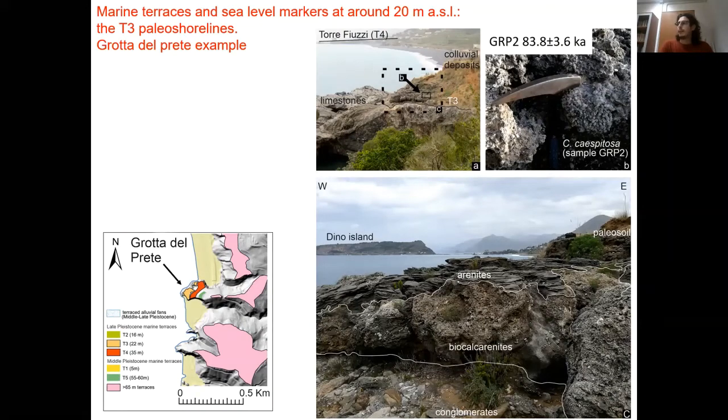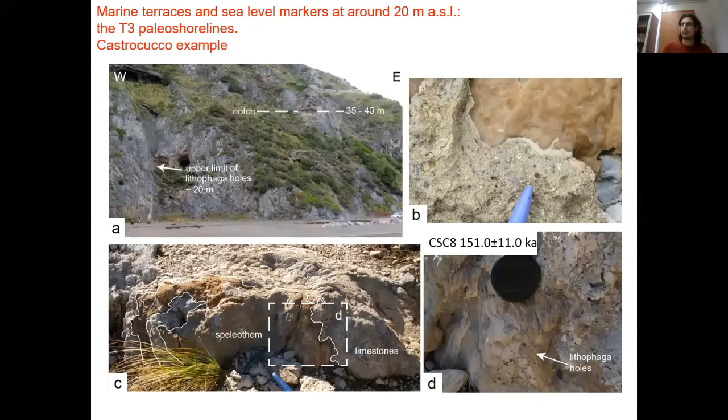Also here we have a wave cut platform covered by biocalcarenite with corals, dated also in this case. Then along the cliff of the Castrocucco area, the top of the Lithophaga holes was measured and correlated with a speleothem which has been bored by Lithophaga, and the speleothem was dated in this case.